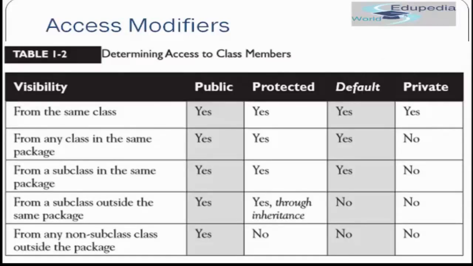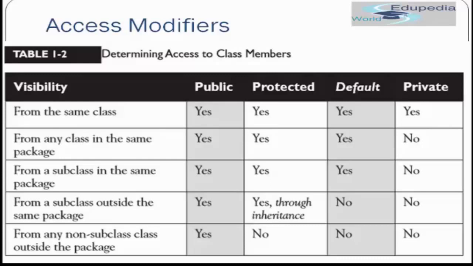Okay, so this is a tabular representation of all the access modifiers, and it is showing you, if we have a particular access modifier on a member, then who can access it and where it is visible. So let's see for public. In case of public, from the same class, yes, you can access it.